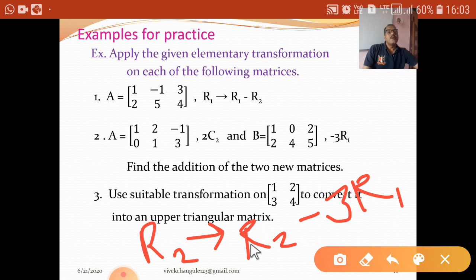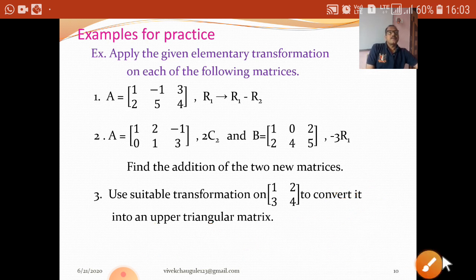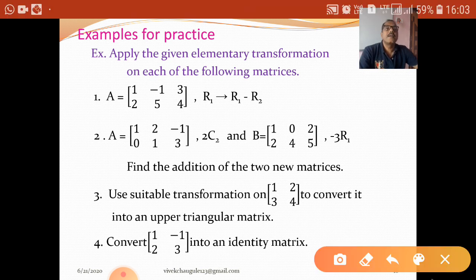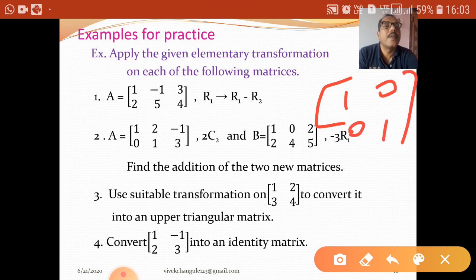So you try to write these transformations like this. Okay, and the same last question is also given here. Convert this into an identity matrix. For an identity matrix, you know that the matrix 1 0 0 1 is called the identity matrix.